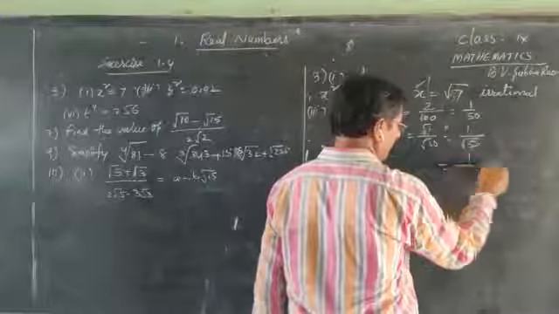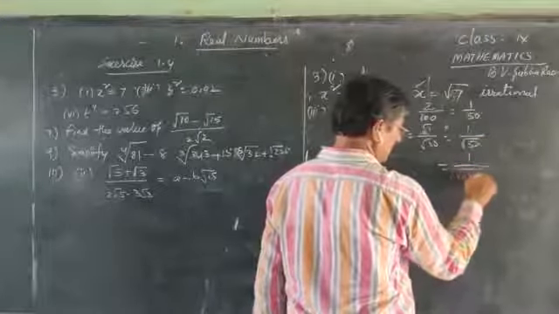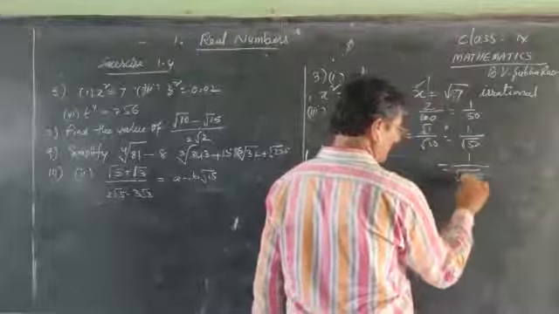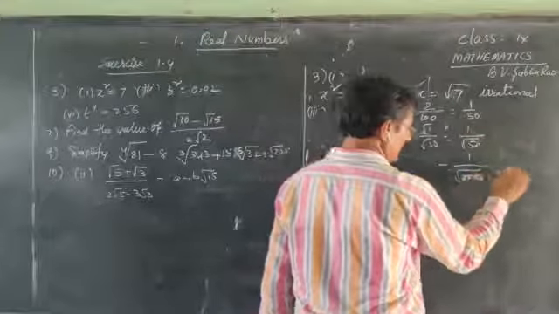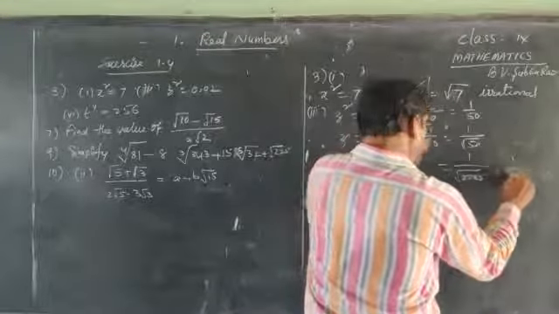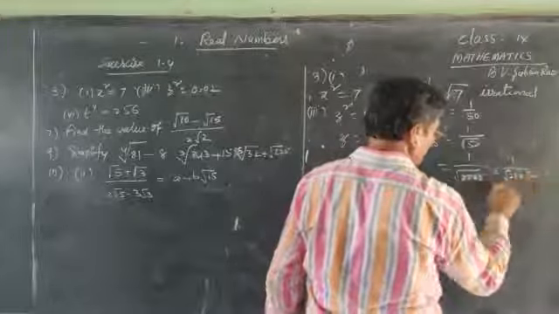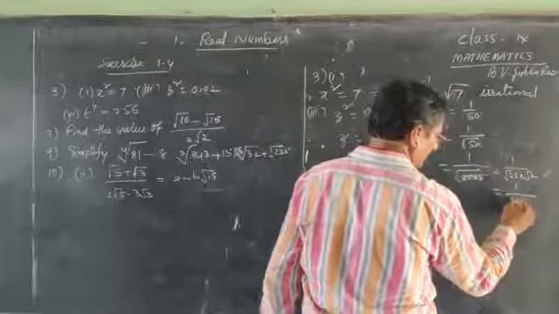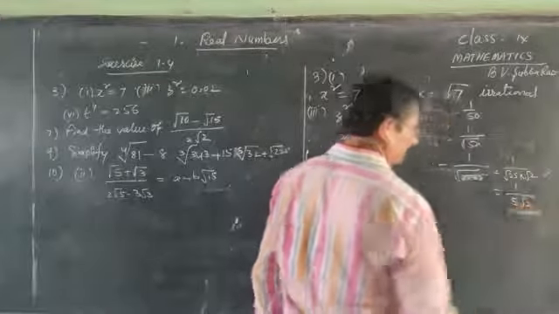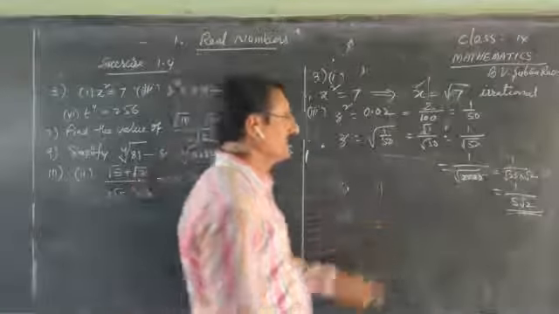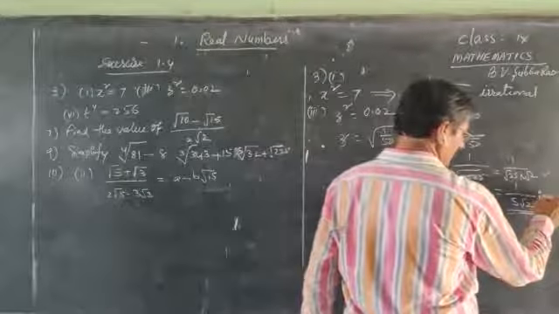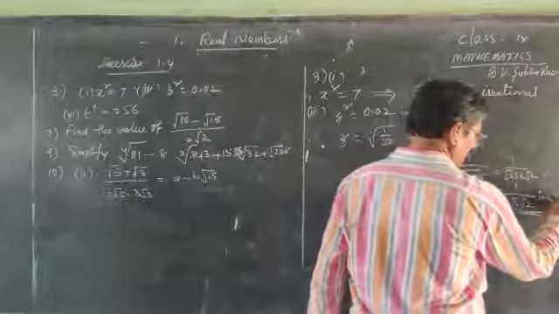Root 50 we can write as root of 25 into 2. 1 by 5 root 2. It is irrational.